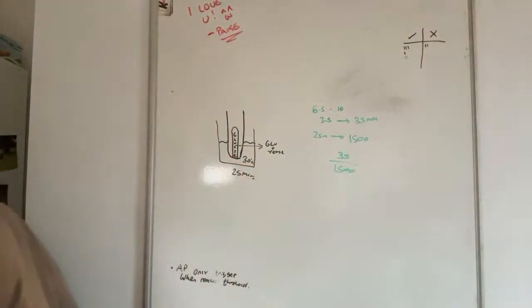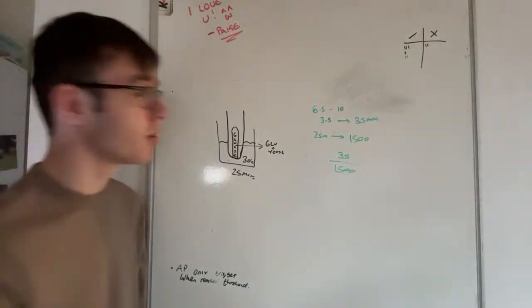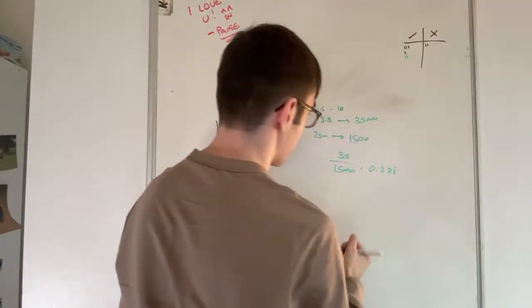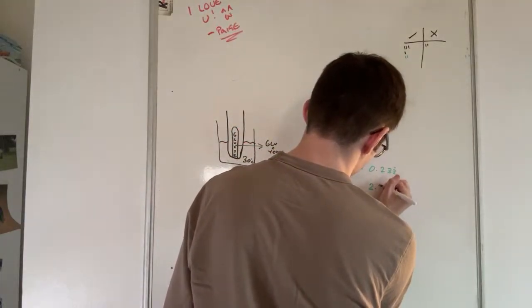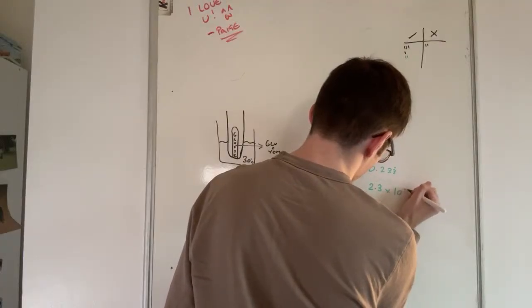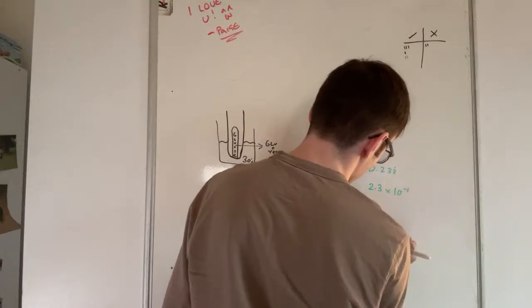That is likely going to give us a big answer of 0.023333 recurring, which in standard form is going to be 2.3 times 10 to the power of minus 2? No, minus 1.